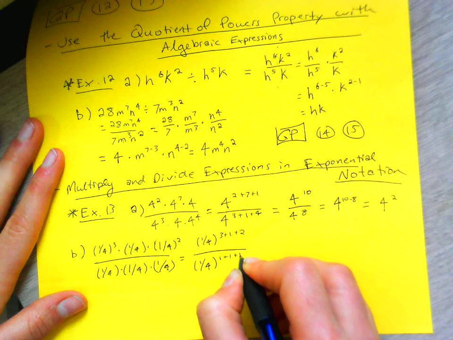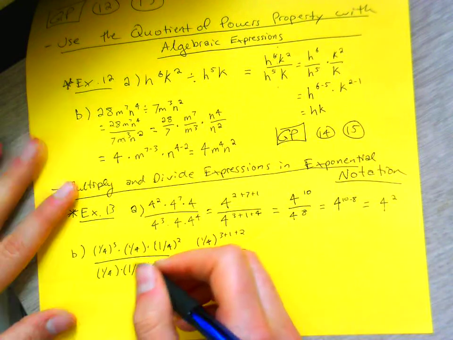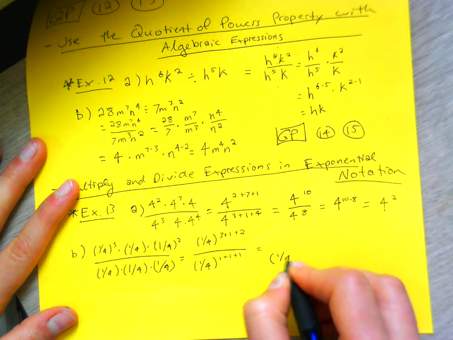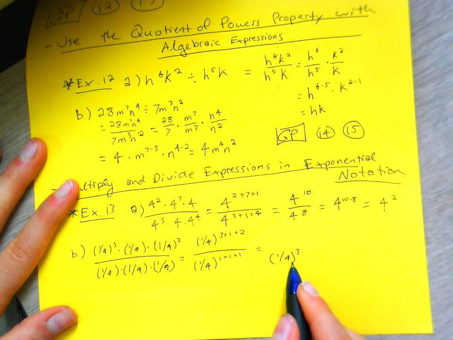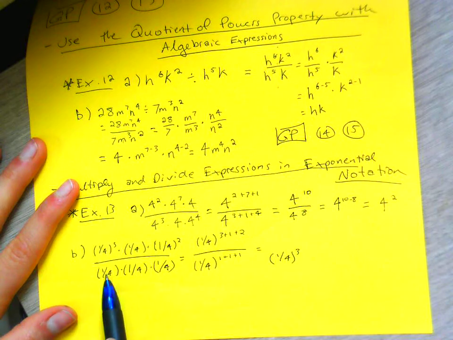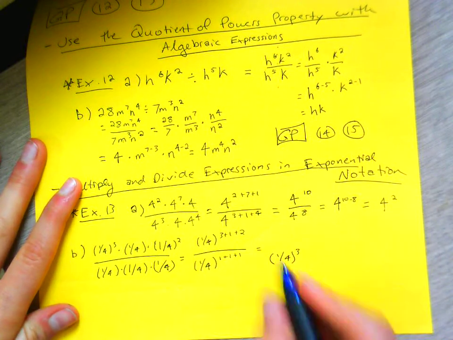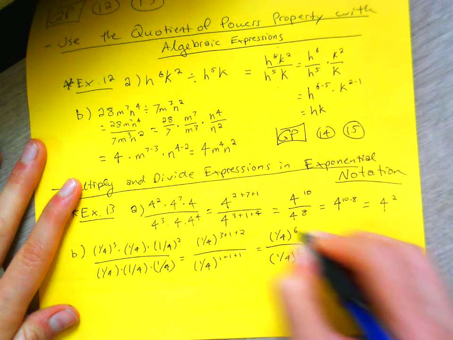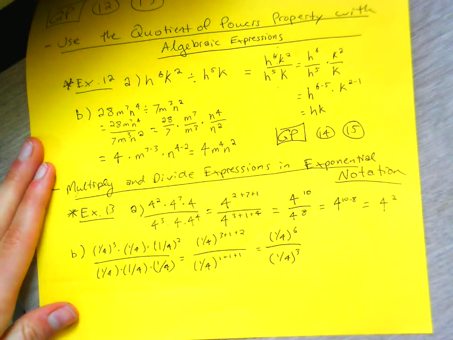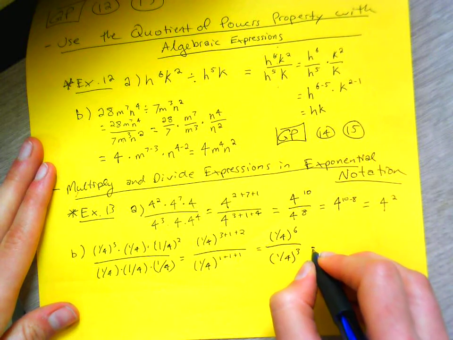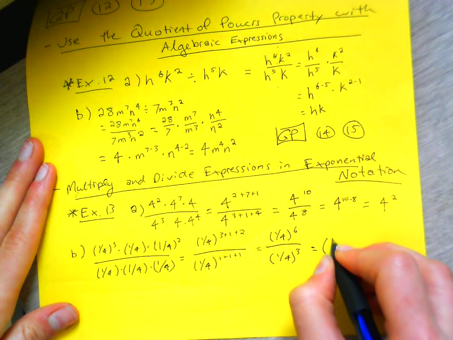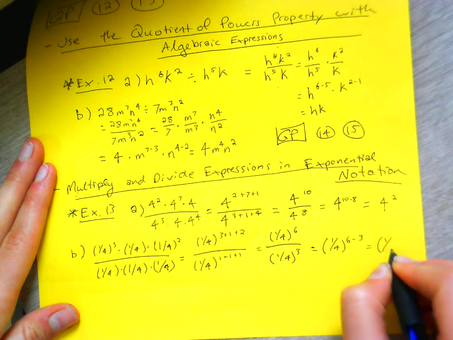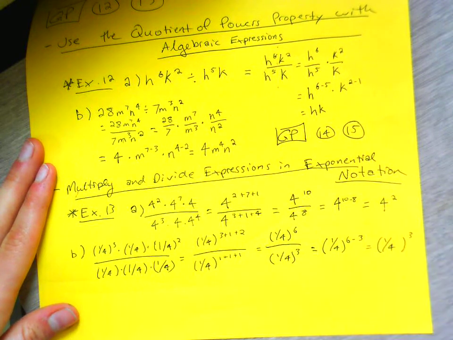Which makes sense, because (1/4)^3 means you're multiplying 1/4 times itself 3 times, and that is exactly what we're doing down here. The top is similar: (1/4)^6, multiplying 1/4 times itself 6 times. Now let's simplify again. (1/4)^(6 minus 3) equals (1/4)^3. And that is our answer for this one.